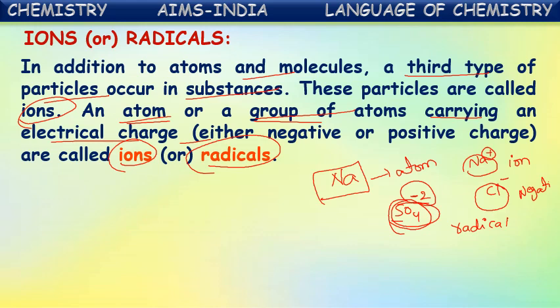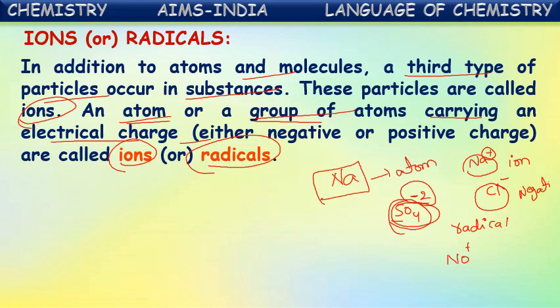Not only negative, we can see positive radicals also, like SO4 2 minus, carbonate, and NO plus. Nitrogen is one atom, oxygen is one atom. These two atoms, a group of atoms having a positive charge.